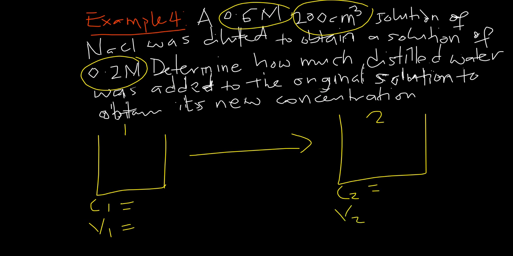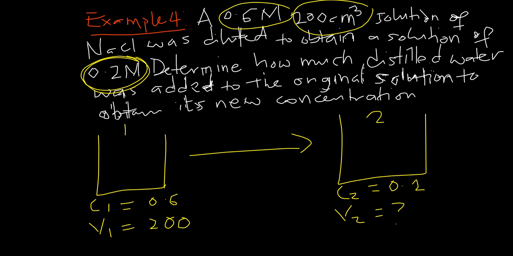But here, the concentration of the first solution is 0.6 molar. Its volume was 200 cm3. Now, it was diluted, and after the dilution process, its new concentration was 0.2 molar. We do not know the final volume, so let's make it a question mark. That's what you're going to look out for.